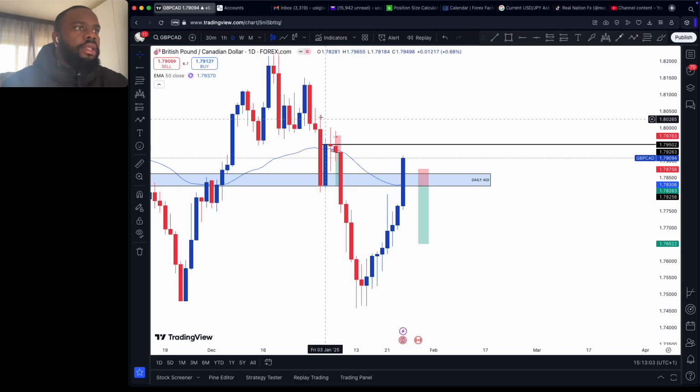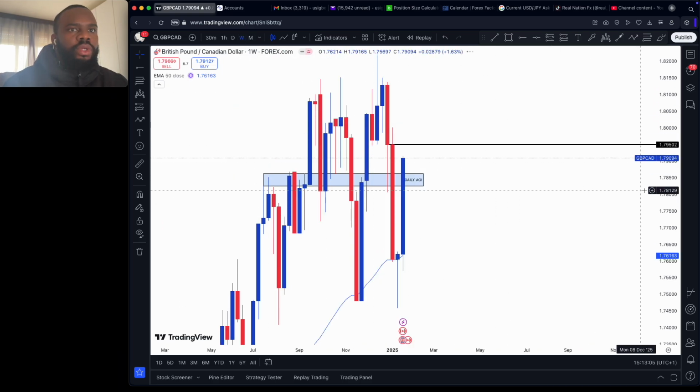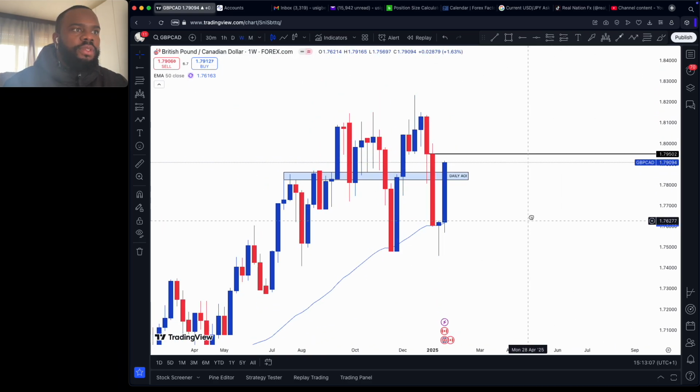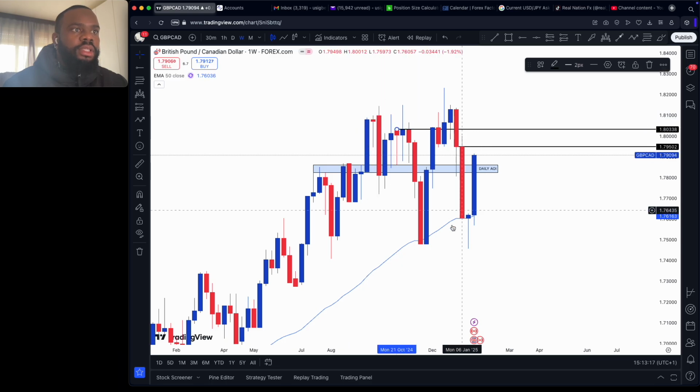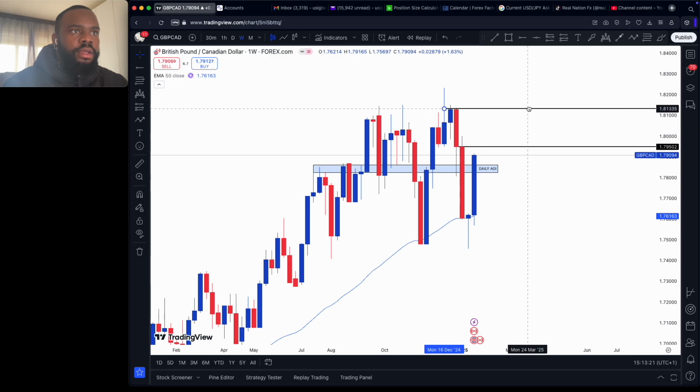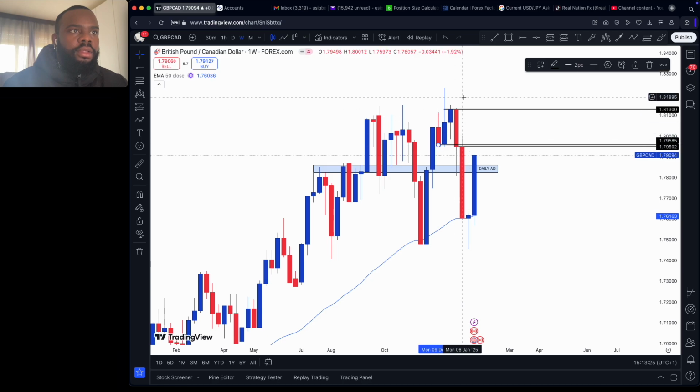Talking of the weekly time frame, the weekly time frame is bearish. As you can see, this was the last high that was made. Then the market came and gave a new high. Then this was the last low here, so the market broke through it.